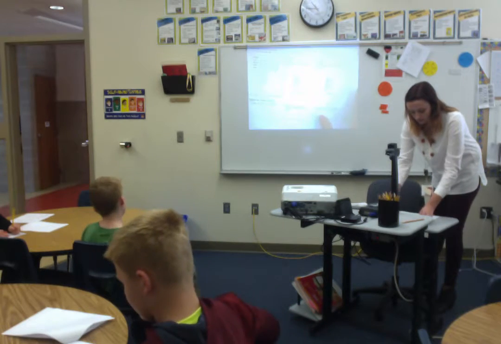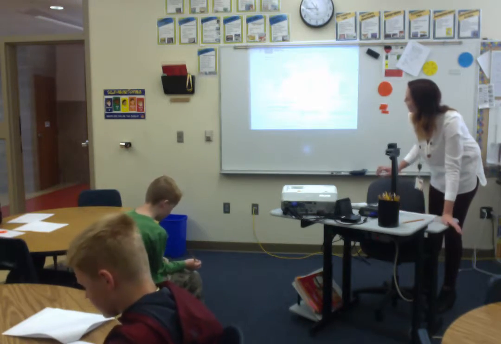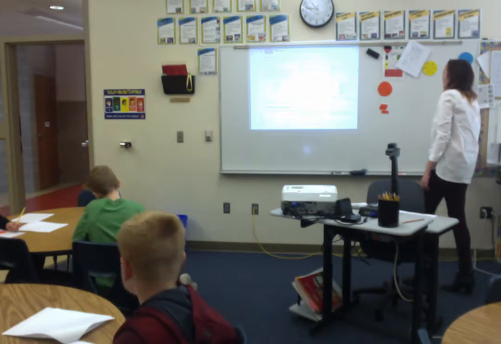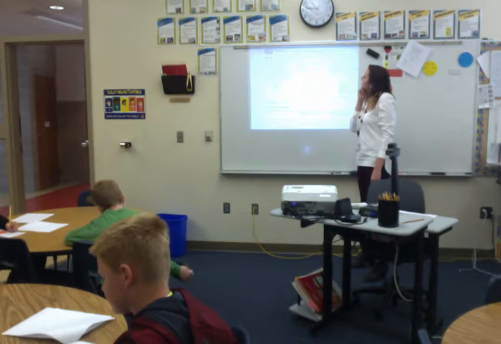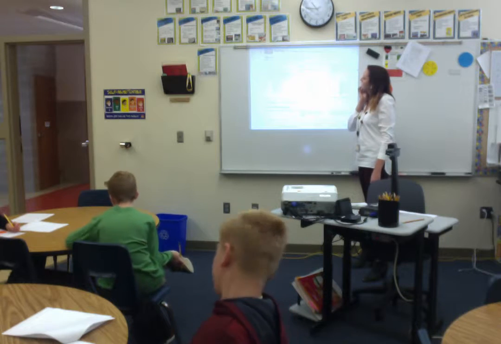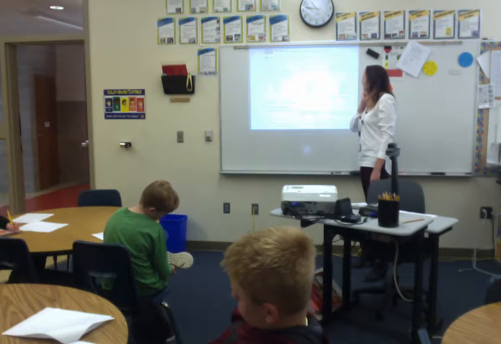All right, on number 2, we're going to read the directions together. Alex had 12 toy cars. He gave 1/3 of the toy cars to Patrick. How many toy cars did Alex give to Patrick? Let's look through the steps that they give us.